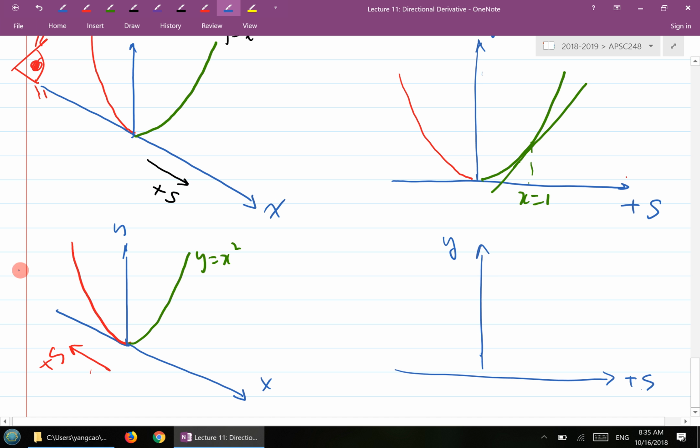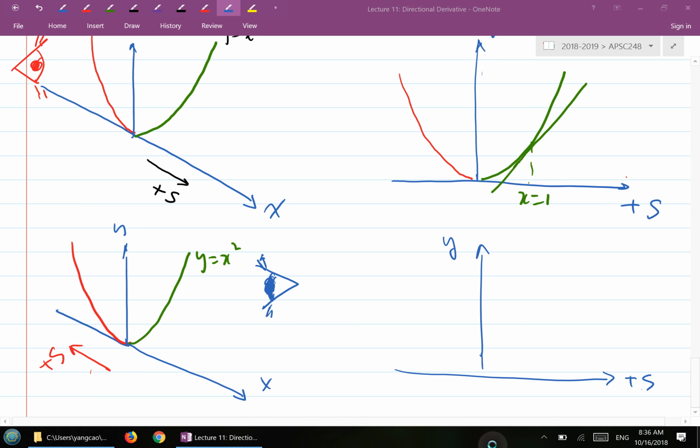Are we supposed to look from this perspective? If I want to establish this relationship, if you look this way here, the s is pointing that way, right? So which direction? The opposite direction here. Does that make sense?